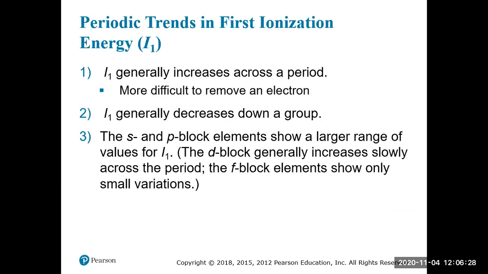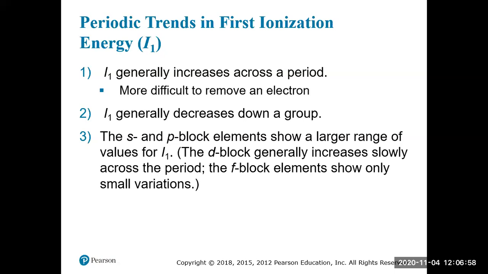There are some periodic trends with the first ionization energy. As you go across a period, in other words, as you go across a row, it gets more difficult to remove an electron. And so the ionization energy increases as you go across the periodic table in a row, and it generally decreases as you go down a group.